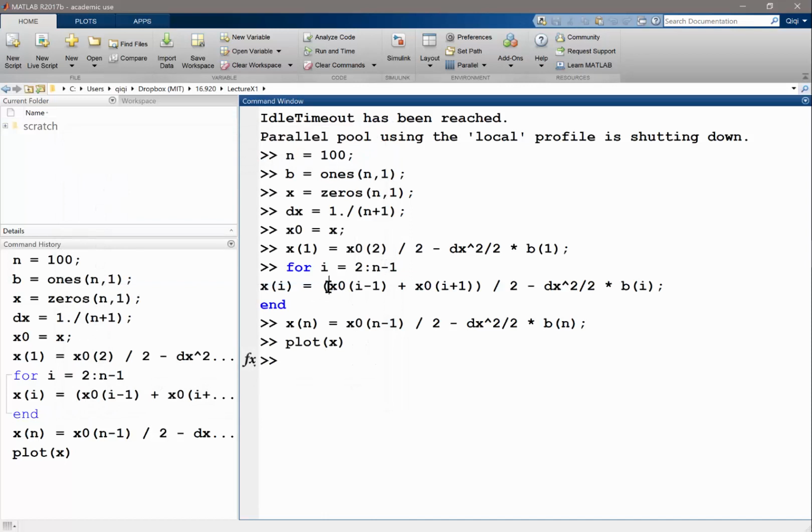My x0s are 0, so this shouldn't be anything. What is my dx? dx is non-zero. dx squared divided by 2 times b should be non-zero, right? What is x?